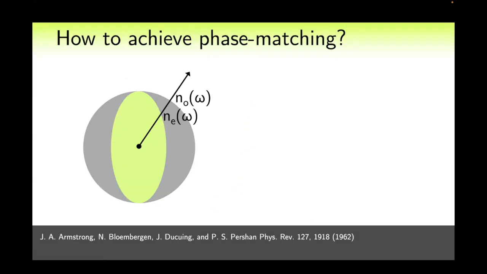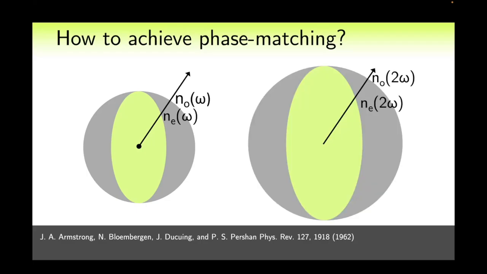What happens when dispersion is taken into account? As the wavelength decreases, the refractive index increases. So for the birefringent medium, the refractive indices of both the ordinary and extraordinary waves will increase.